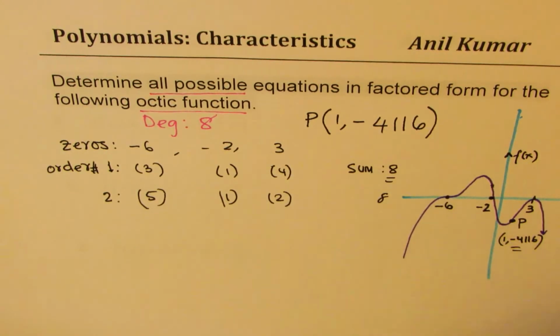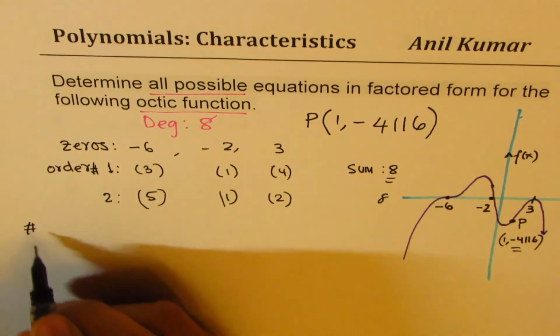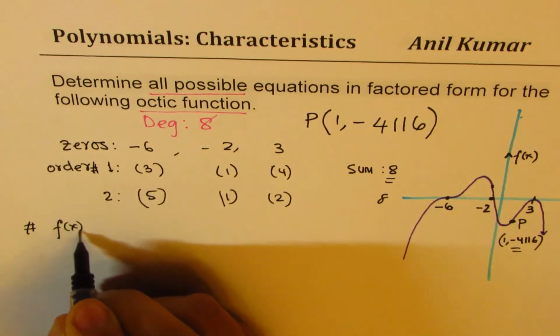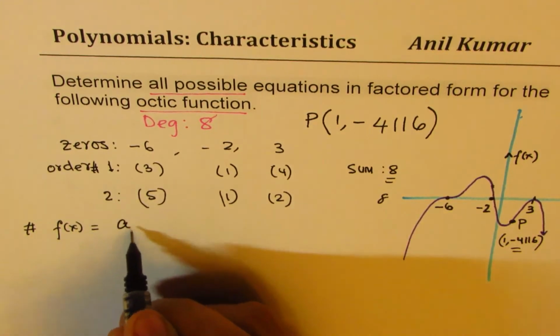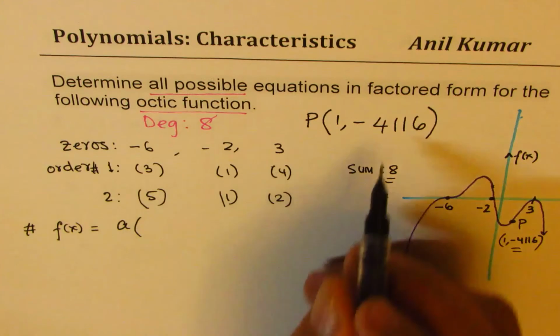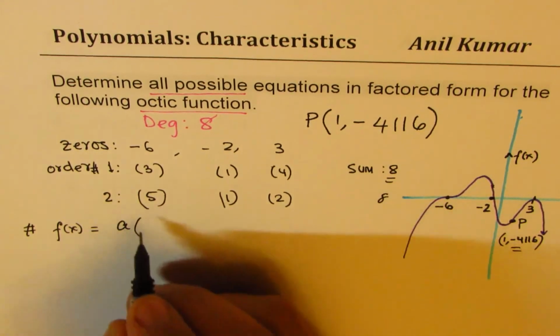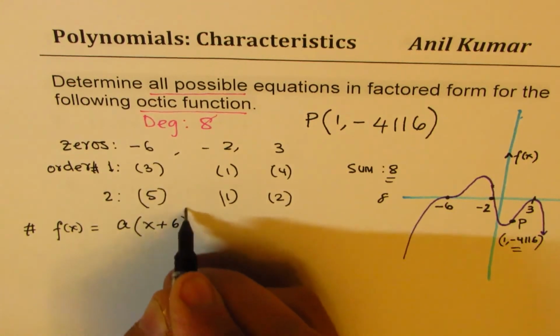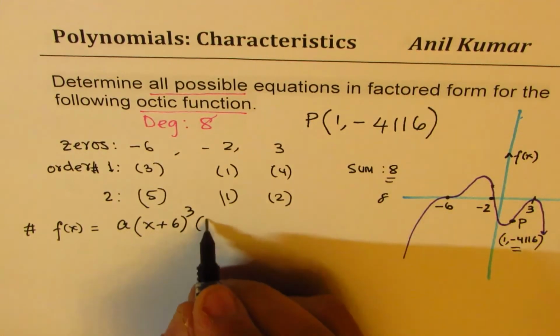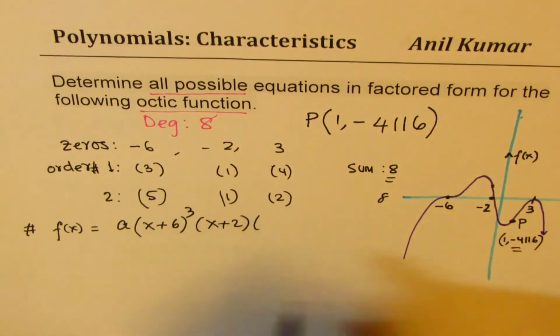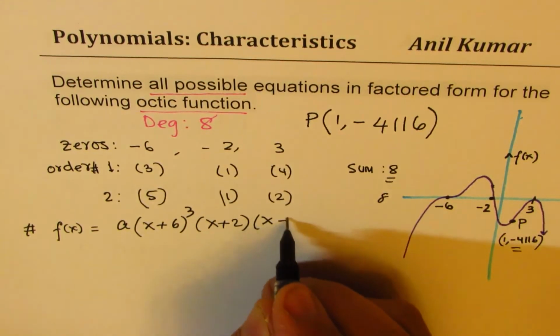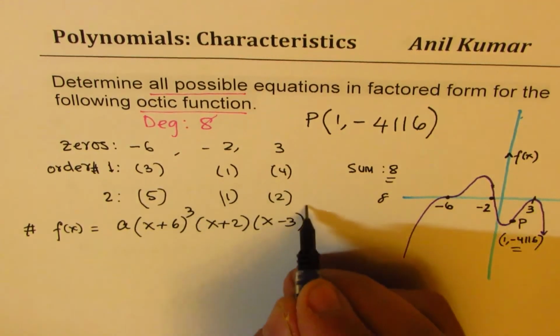Is it okay? So the first option of my function, let me call this f of x, is equal to a, we always begin with a, which we need to find using this point. Cubic at minus 6, that means (x plus 6) cubed, times linear at minus 2, meaning this factor, and at 3 we have order 4.